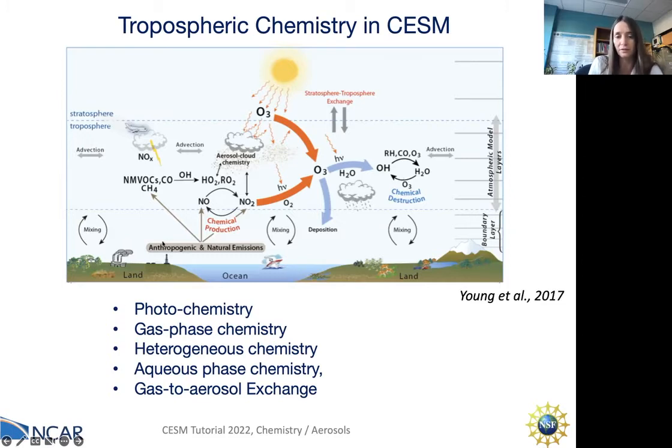We do have reactions with sunlight, basically the photochemistry. We have the gas phase chemistry, heterogeneous chemistry, reactions in clouds, in particular SO2 forming sulfates, and that's the aqueous phase chemistry. And then the formation of aerosols, for instance, secondary organic aerosols.